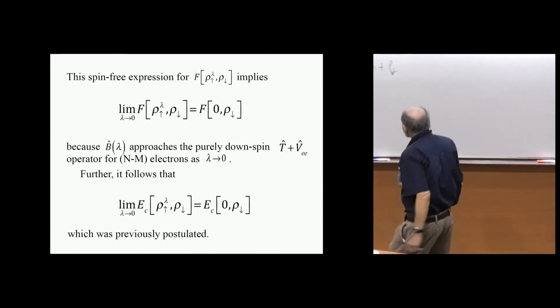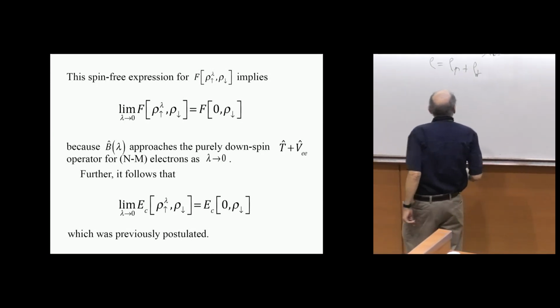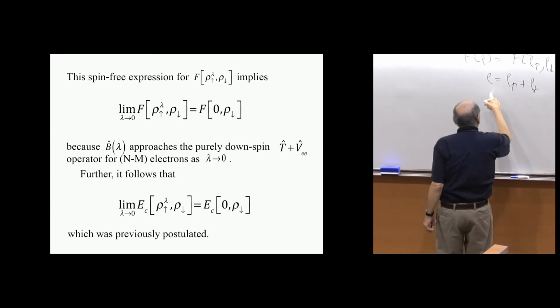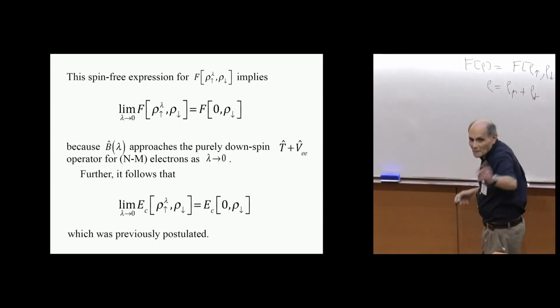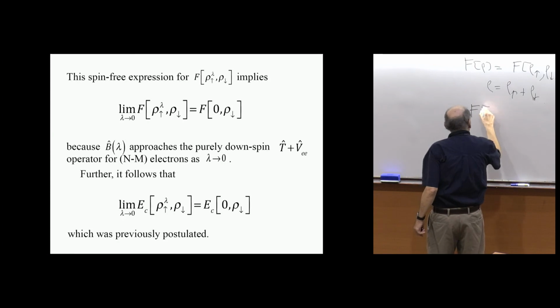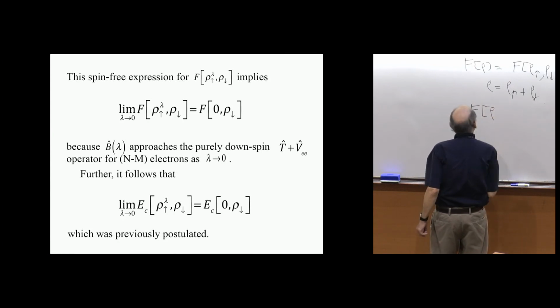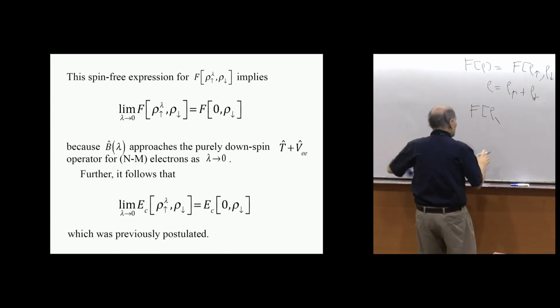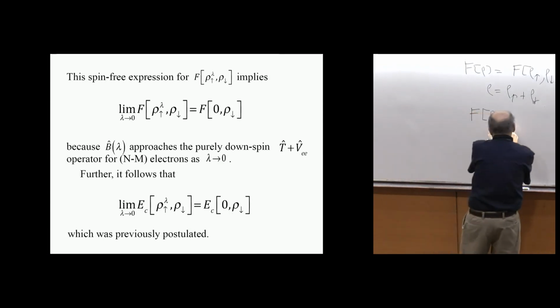Okay. So now, how about this? Rho is rho up plus rho down. So you have rho, and you scale rho. I'll use the scale factor lambda up here.